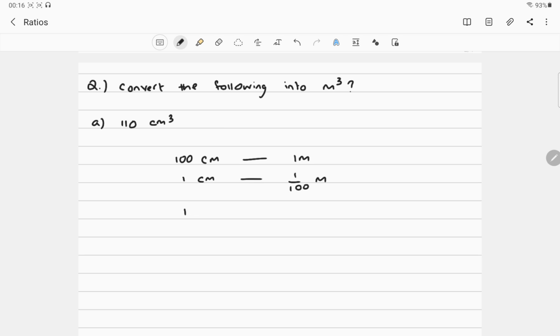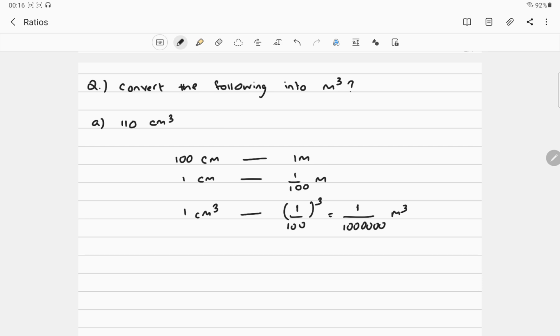Now this is the difference between the other questions and this one. So 1 centimeter cube would be this fraction cubed. So 1 cubed is 1, and 100 cubed is 1,000,000.